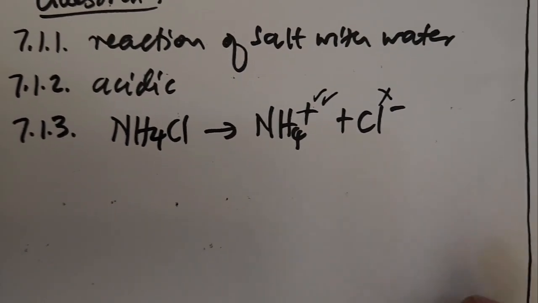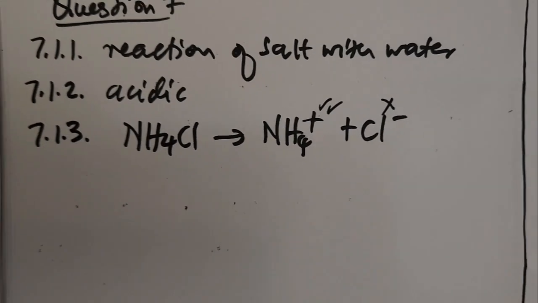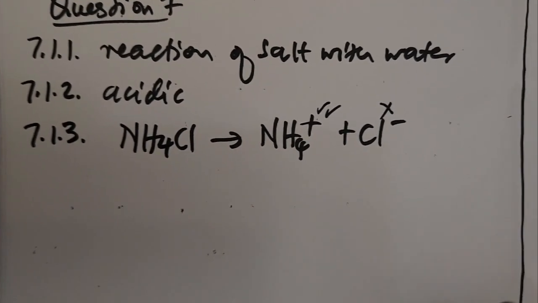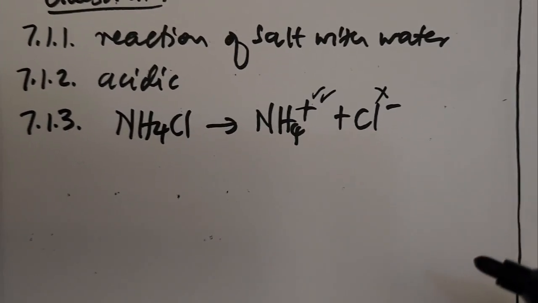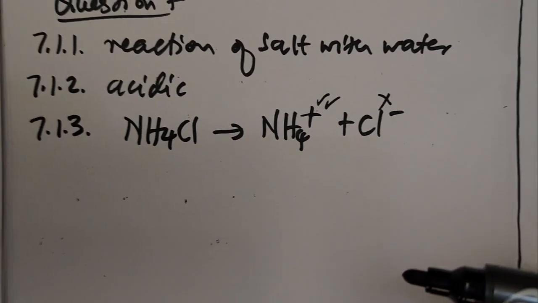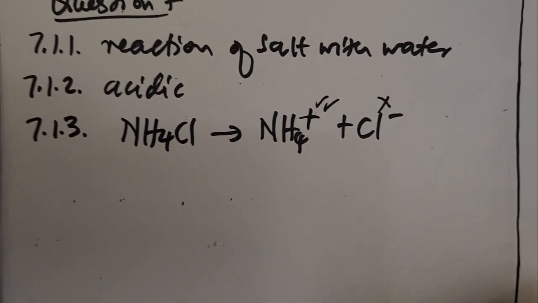If you want to be more academic, we'll have to say only the ions that are strong conjugates, only strong conjugate acids or bases, undergo hydrolysis. Therefore, what is a strong conjugate acid or base?